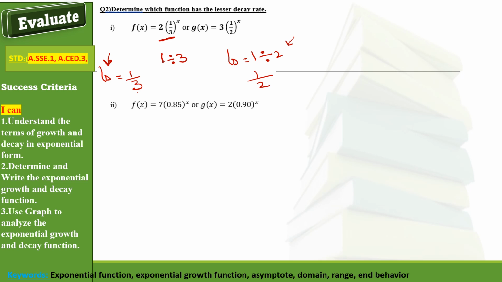So a half is 0.5 and 1/3 is 0.3, which means the bigger the value of b, the lesser the decay rate. So if the b value is bigger, you will have the lesser decay rate.